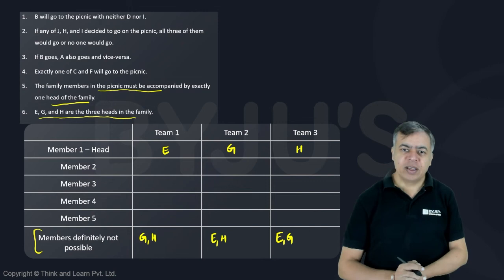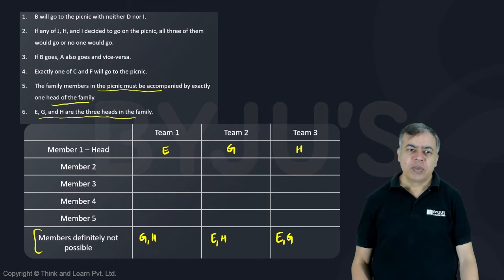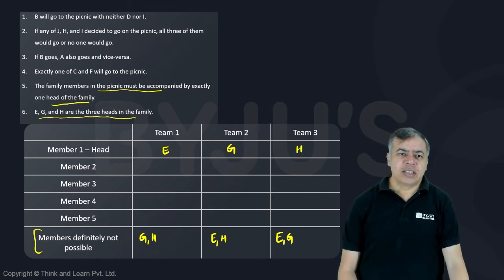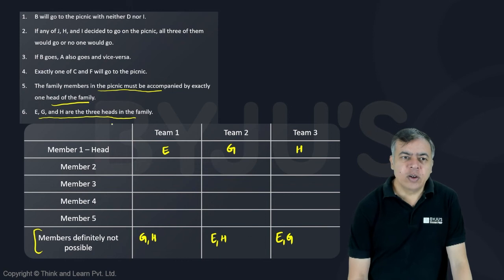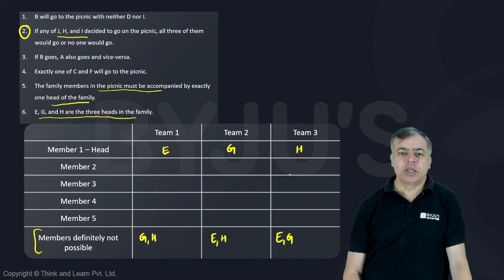Now, the other thing, see the second point. The second point says if H is there, J, H, I must be together. So if H is here, J must be there, I must be there. These 3 are always together.